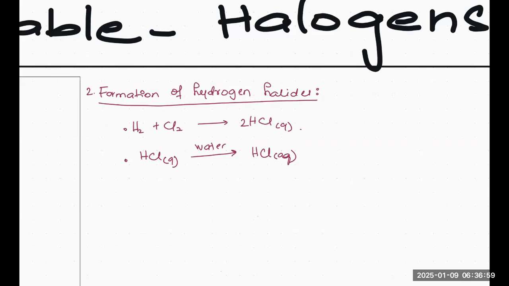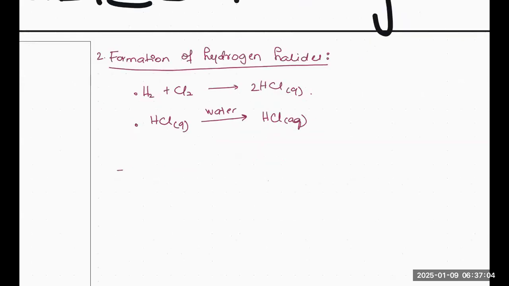But believe me, you can take hydrogen and react it with bromine. You would get hydrogen bromide gas. This is hydrogen chloride, and this is hydrogen bromide.